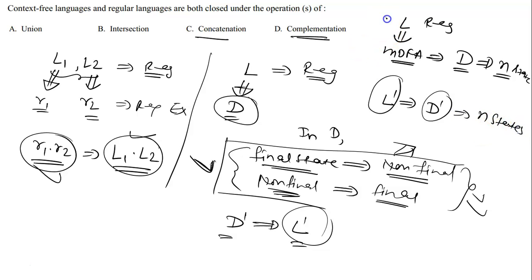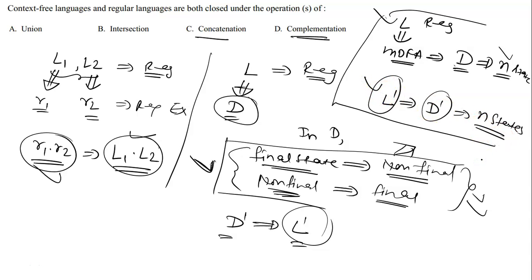So this is an important point. It tells us that if L is regular and the minimal DFA has n states, then the minimal DFA for L complement will also have n states. Means the minimal DFA of L and the minimal DFA of L complement will have the same number of states. So this is an important result.